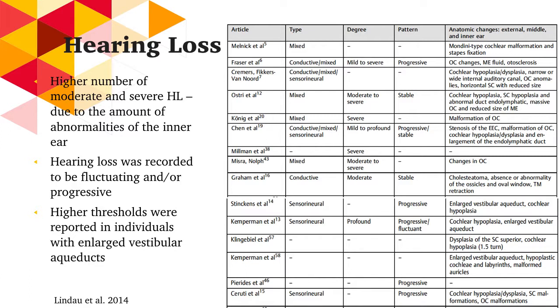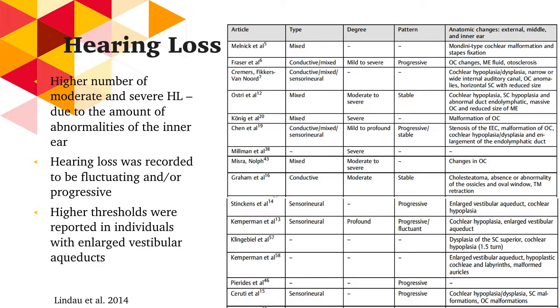Like I said, this particular article that reviewed multiple literature said that hearing loss could be fluctuating and or progressive. Also, it was noted that higher thresholds were reported in those individuals who were confirmed to have enlarged vestibular aqueducts.